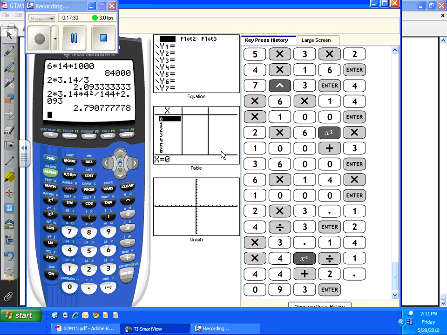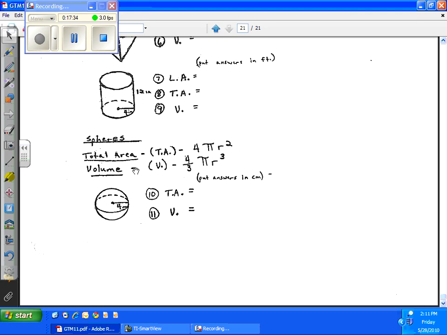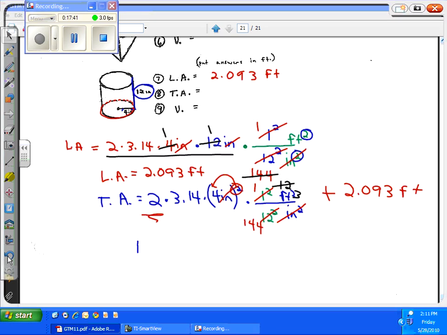And we'll get the total surface area of 2.791 rounded. And that's in square feet. There was a square on that feet that I had forgotten, okay?